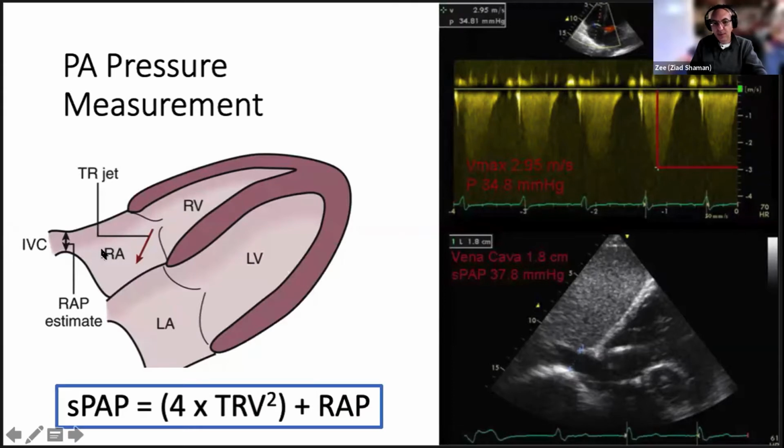You add to this what you expect the pressure in the right atrium to be from the IVC. So you look at the inferior vena cava, you measure the diameter of the inferior vena cava and the variability during respiration, and we'll go over this in detail. And then you decide on what is the pressure in this area, and you add it to the transvalvular gradient.